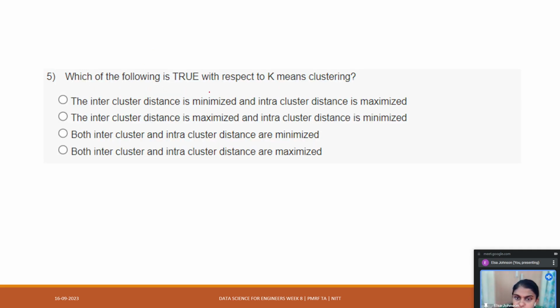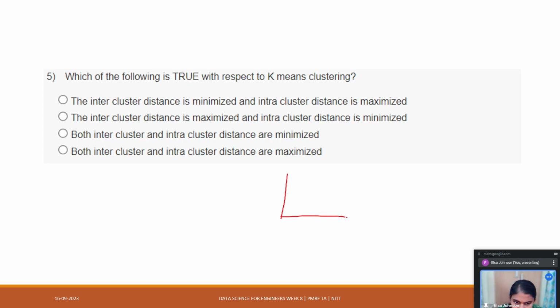Now, which of the following is true with respect to k-means clustering? I think I have drawn this before. Okay, I am getting answers A as well as B. Okay, the inter-cluster distance and intra-cluster distance.